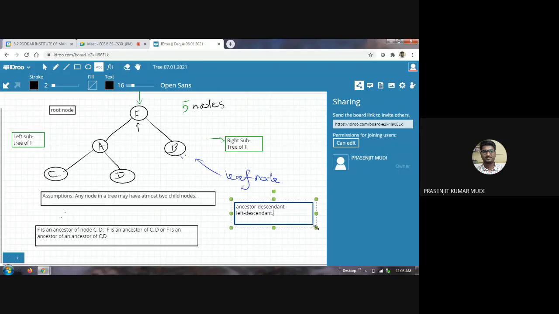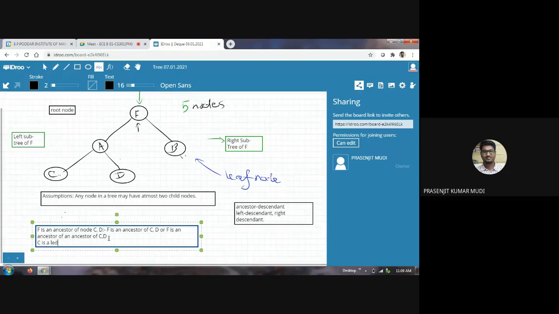Anyway, there is another term, left descendant or right descendant. Just explaining left descendant: here C is a left descendant of F. Why?